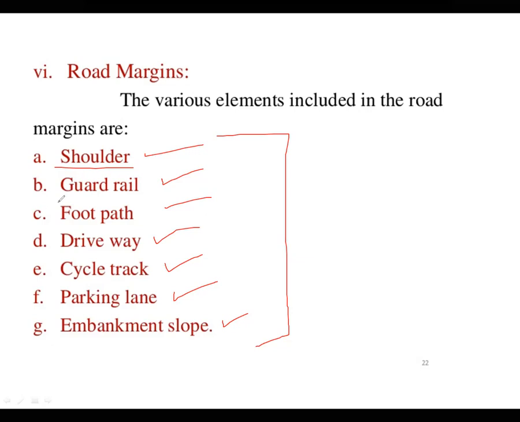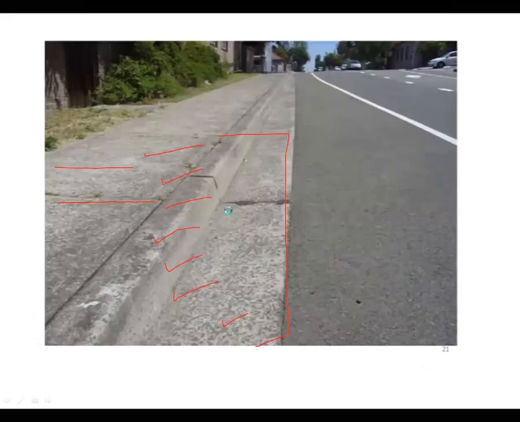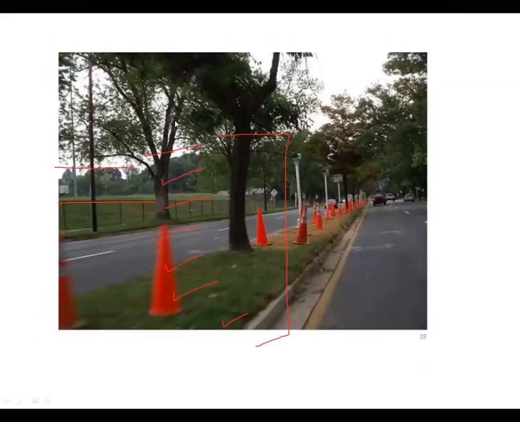Then the width provided for the guardrail. In this image you will be able to see the guardrail. This fencing is provided as a guardrail.